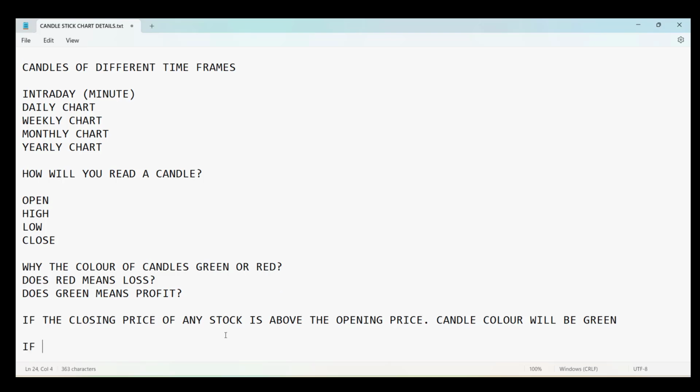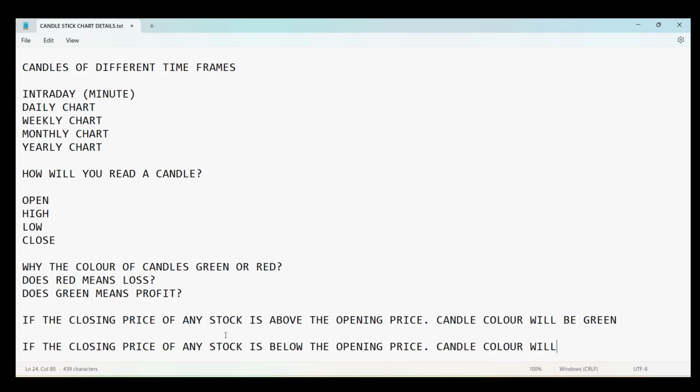And similarly, if the closing price of any stock is below the opening price, the candle color will be red.